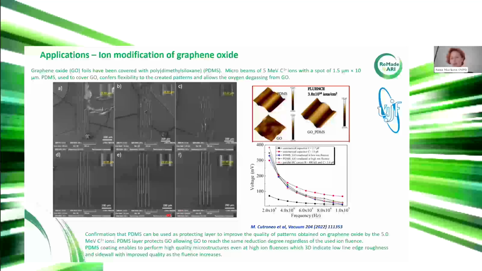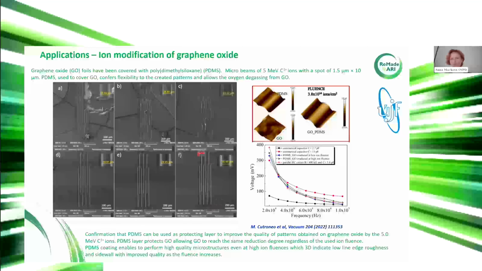In such a case, we used graphene oxide covered with PDMS, which is permeable for volatile compounds. The reduction of the graphene oxide, with escaping of oxygen-rich groups, is the same in both cases, but the PDMS avoids the destruction of the microstructure when using very high fluences.